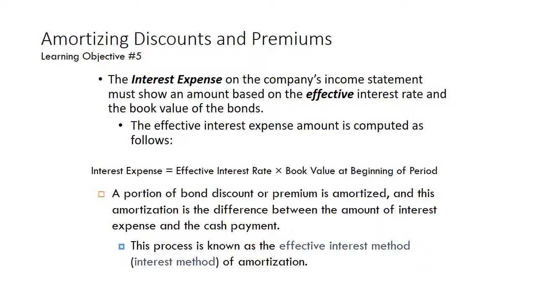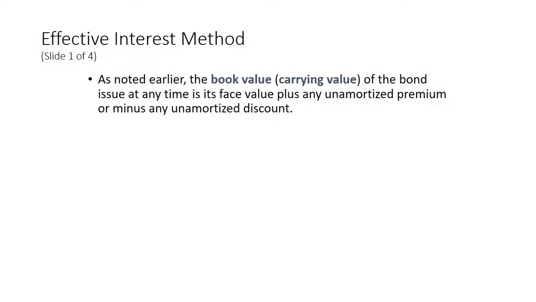This is the effective interest method of expensing that discount or premium. In the year of sale, you can't recognize all of that discount or premium as interest. We recognize it over the life of the bond, and this is the method that is normally used to do that calculation.